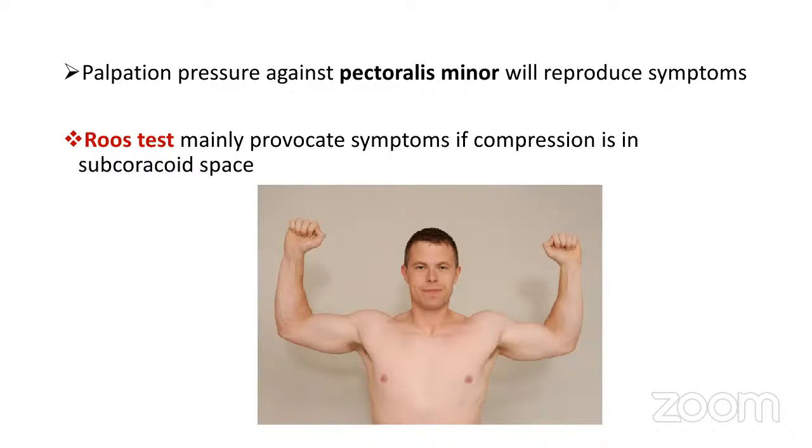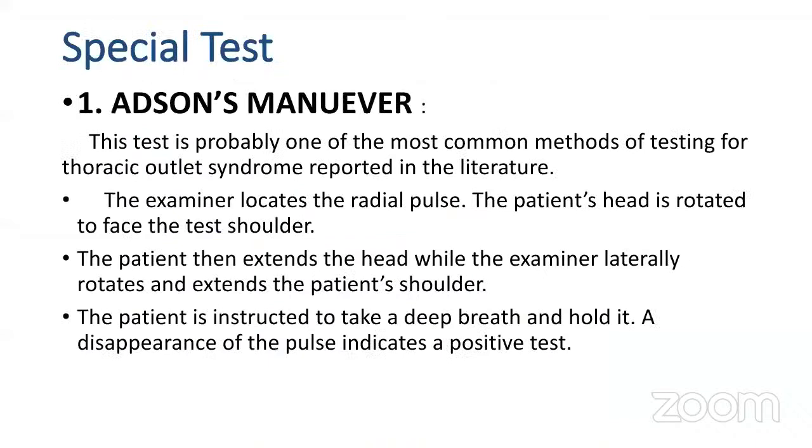Okay. Now, we'll go for special tests. In special tests, the first one is Adson's maneuver. This test is probably one of the most common methods of testing for thoracic outlet syndrome quoted in literature. What we have to do in this test: first the examiner will locate the radial pulse, then the patient's head is rotated towards the shoulder.